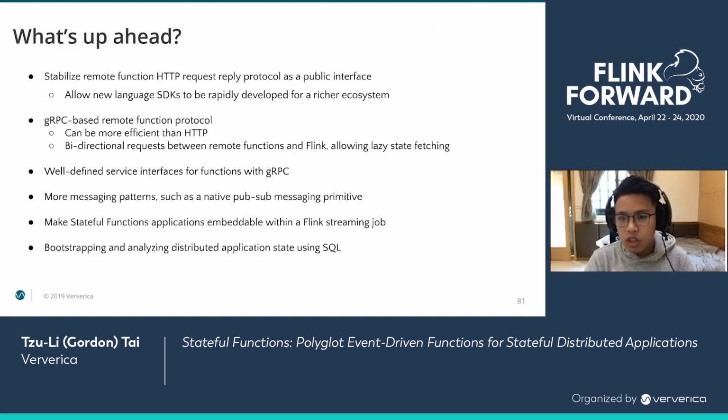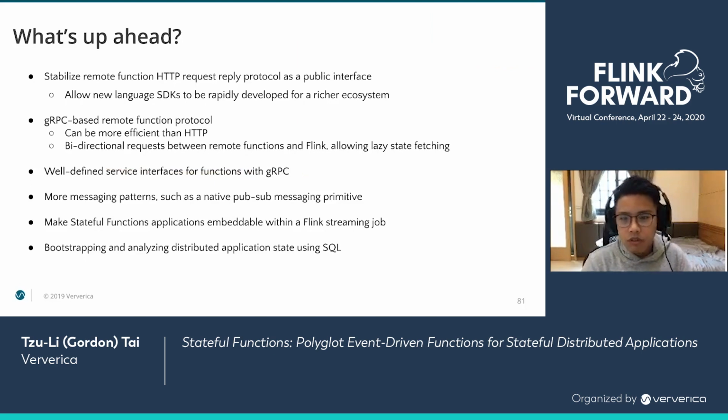And this bidirection will allow state to be lazily fetched, in contrast to the request-reply protocol, where state is eagerly fetched on every invocation request as part of the protocol.